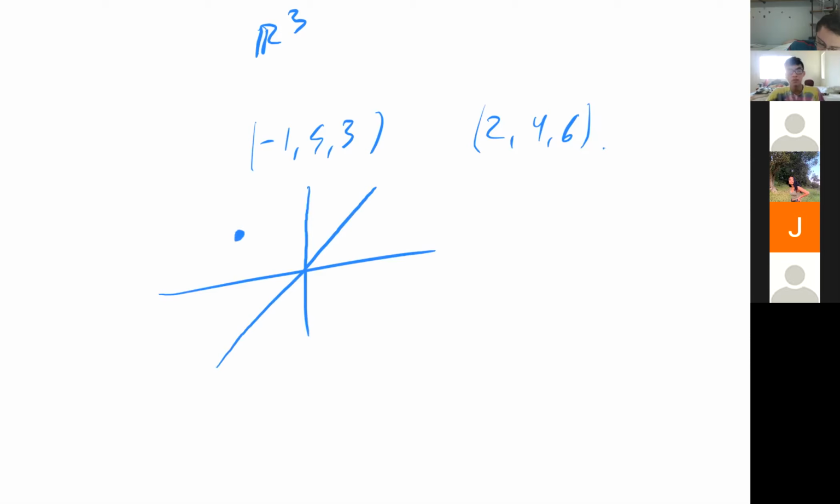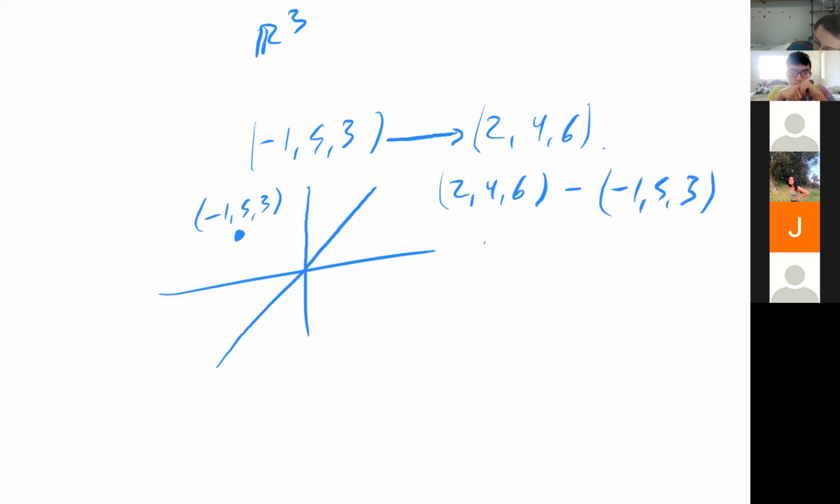We're going to start with the point -1, 5, 3, and then we need to find the vector that goes from -1, 5, 3 to 2, 4, 6. The way that we do that is we take 2, 4, 6 and subtract off -1, 5, 3. This gives us 3, -1, 3.